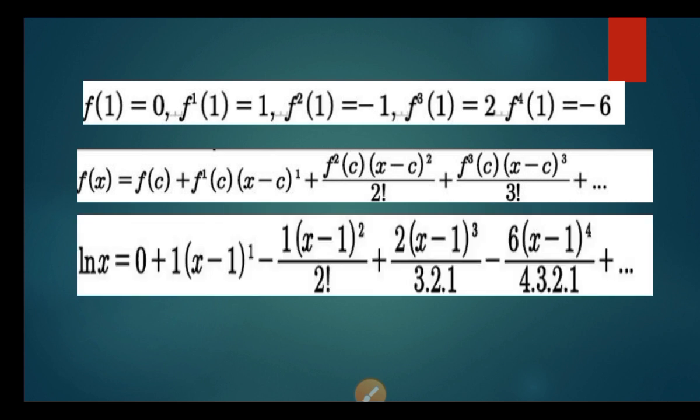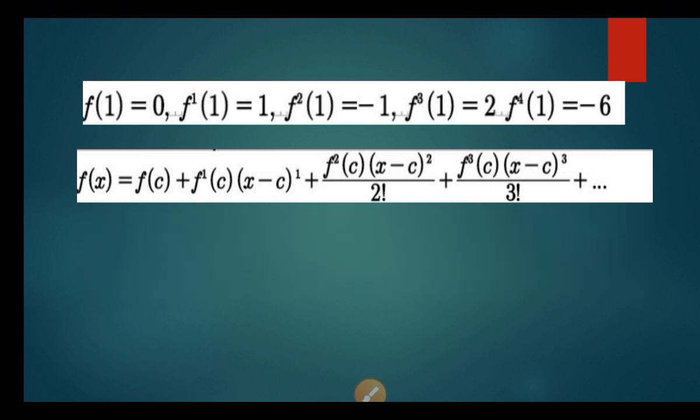So we have ln x is equal to 0, so the f of c is 0. Then the value of the first derivative is 1 times x minus 1 raised to 1, minus the value of the second derivative: 1 times x minus 1 squared over 2 factorial.